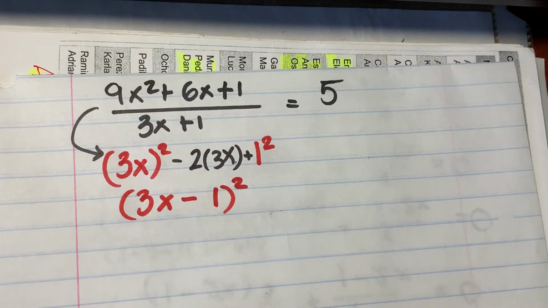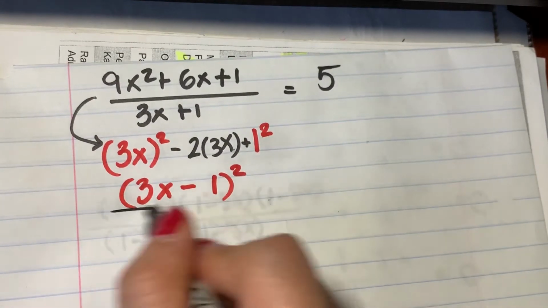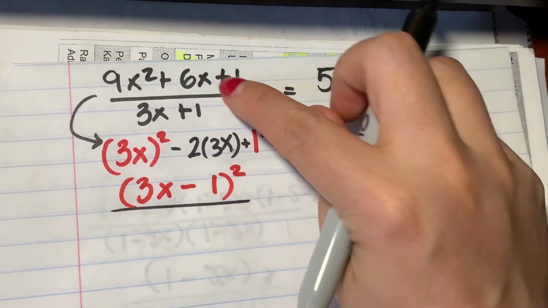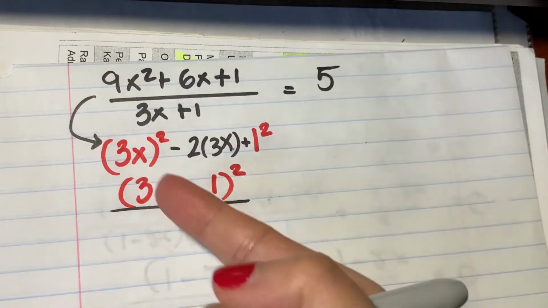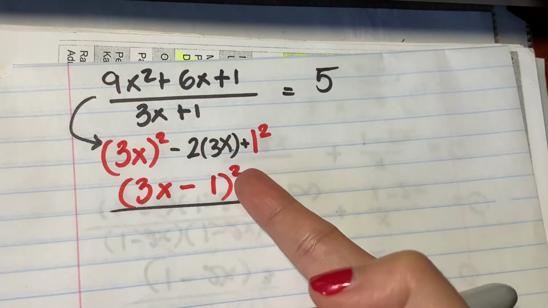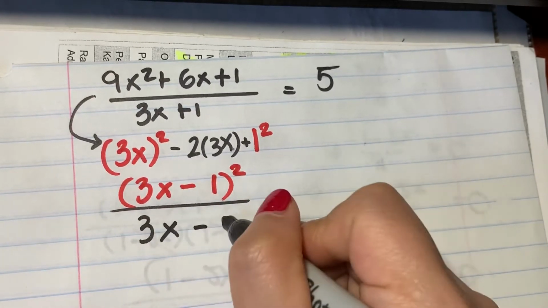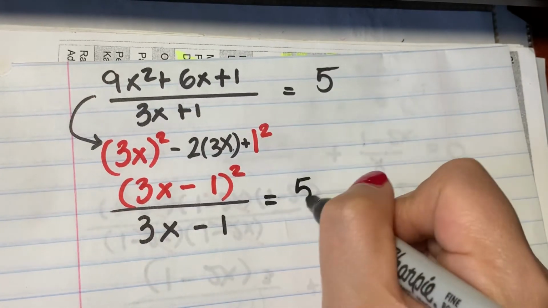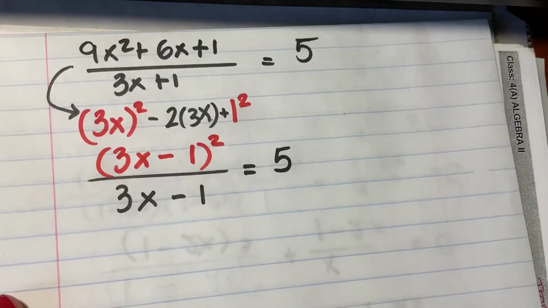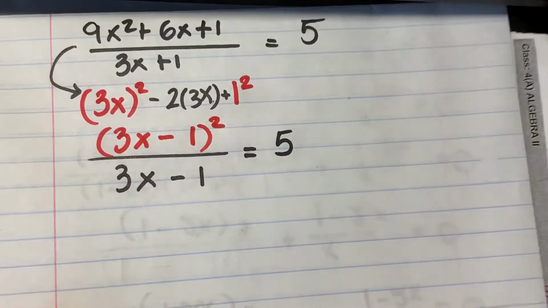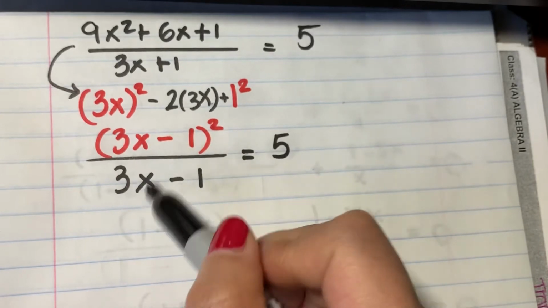Okay, again, this is based on the lesson that we learned from lesson 3. And so that's the numerator. You rewrite them as (3x plus 1) everything squared. The bottom doesn't change. The denominator is still gonna be 3x plus 1 equals 5. So now in order to make them equal, let's go ahead and clean up this a little bit more.